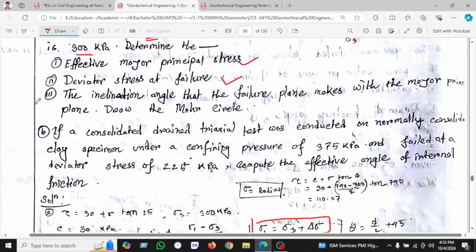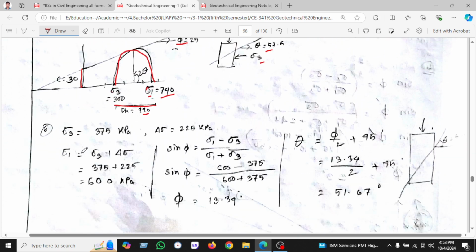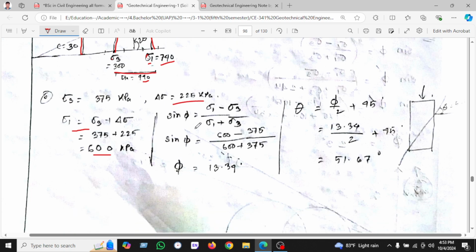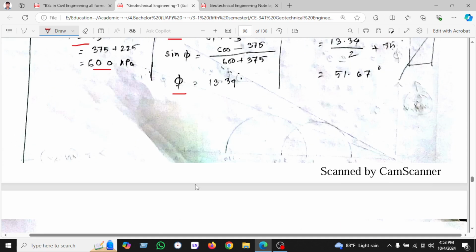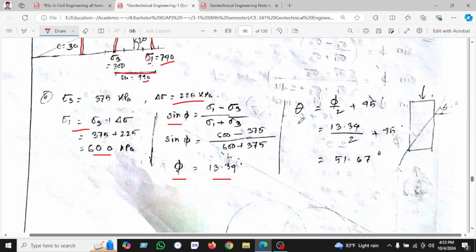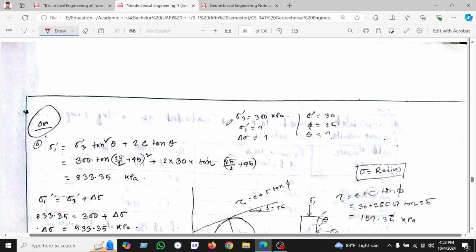So we will answer this, and now we will answer question B, where sigma 3 is given as 375 kPa and delta sigma is 225, and if you use this, you find sigma 1 equals 600, and in this way we find the angle is 30.44, and theta will be 51.67. So these are our answers.